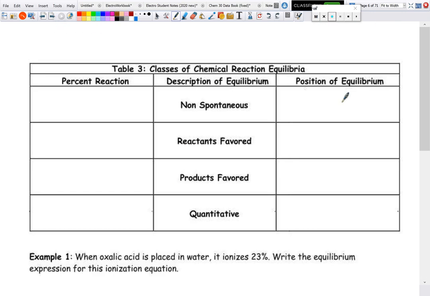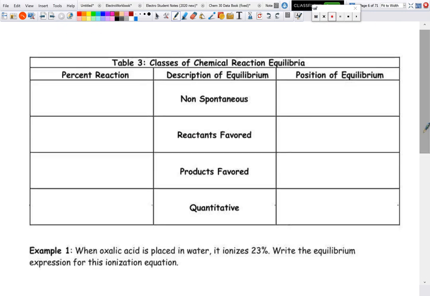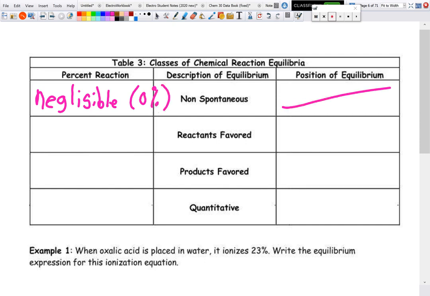Now, depending on what number is above the arrow, there are different ways we can describe equilibrium. We can describe something as non-spontaneous, reactants favored, products favored, or quantitative. For a non-spontaneous reaction, we get a negligible or 0% reaction, which means no products are being formed whatsoever, so position of equilibrium doesn't really exist.